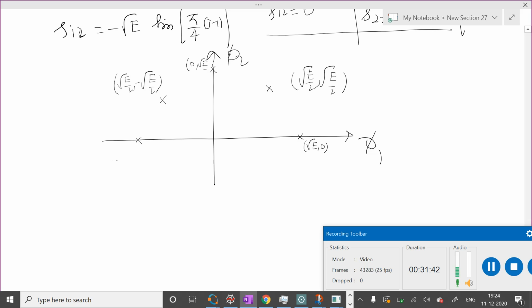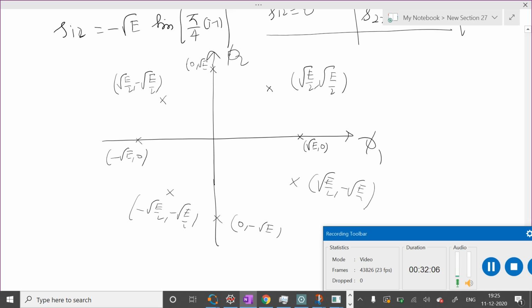The other one here is (minus root E, 0). Another will be (minus root E by 2, minus root E by 2). Another will be (0, minus root E), and the last (root E by 2, minus root E by 2). So they lie on a circle with radius root E.